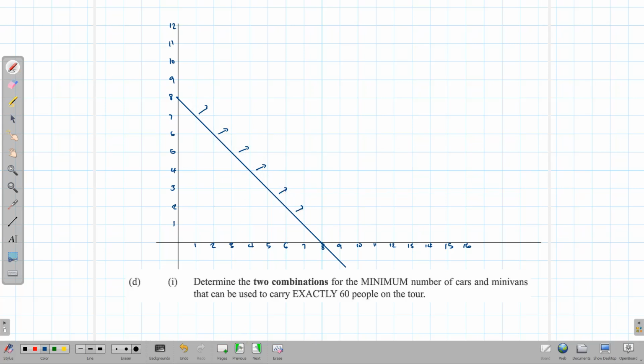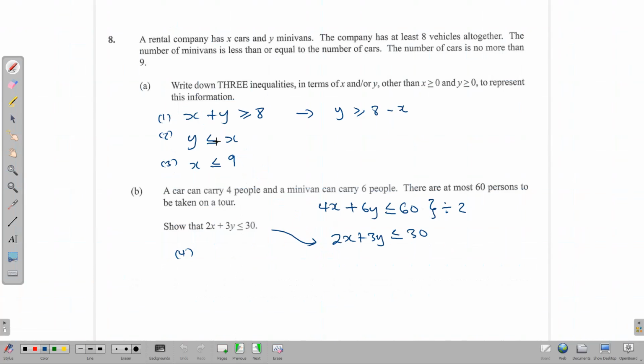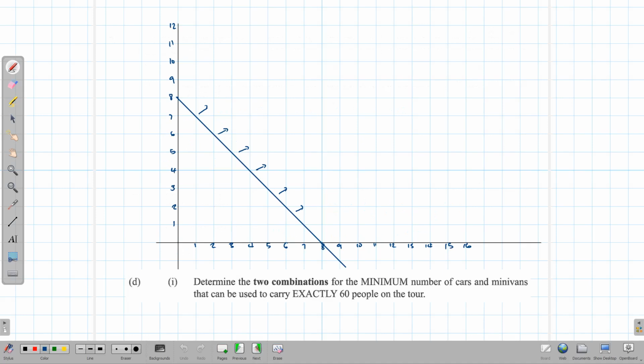Next inequality, let's look at that one quickly. Y is less than or equal to x. So we're just going to draw the line y equal x. And y equal x, of course, let's pick 2 points. Here we have 4, 4. Let's just mark that one. And 12, 12. Let's mark that one too. And of course, 0, 0. And let's just put a straight line through those.